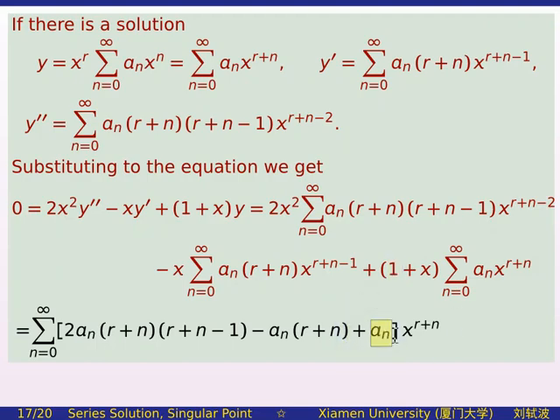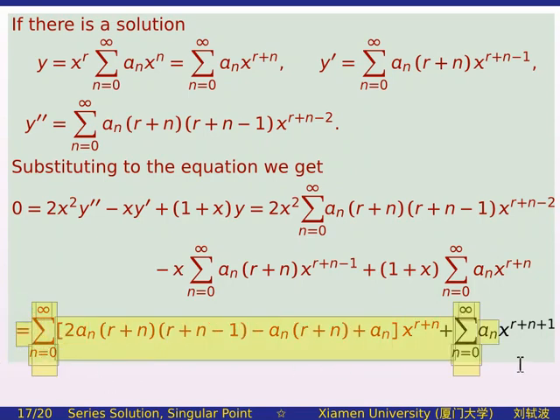Then the x term remains, and it gives us the power of x to be r plus n plus 1, so an x to the r plus n plus 1. So this is the computation. You need to be very careful, otherwise you will make mistakes. I have to go to the next page, so to continue this computation, I will copy this last line to the beginning of the next page.